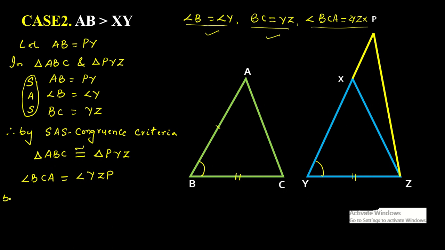But angle BCA was given as equal to angle YZX. So from these two statements, we can say that angle YZP is equal to angle YZX, which is not possible because angle YZX is part of angle YZP.